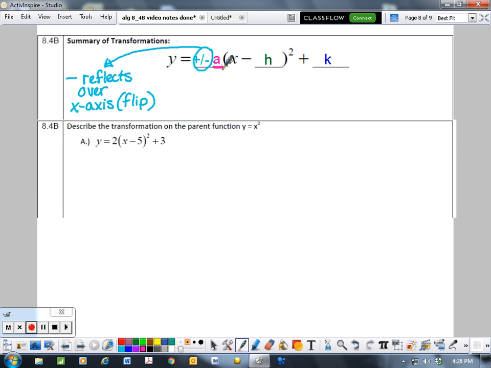So this A is our slope, and it is a vertical stretch if A is greater than 1. It's a vertical compression if A is between 0 and 1. So those fractions we were dealing with.